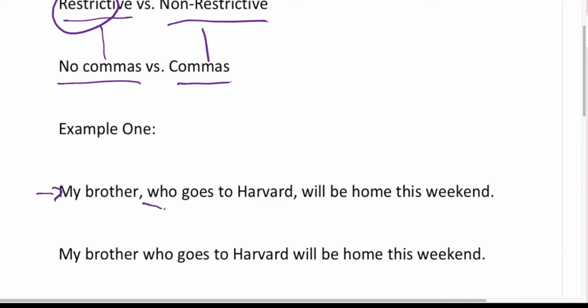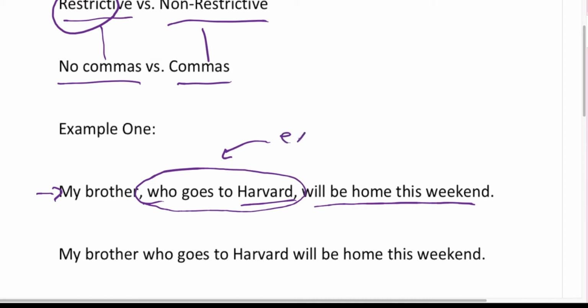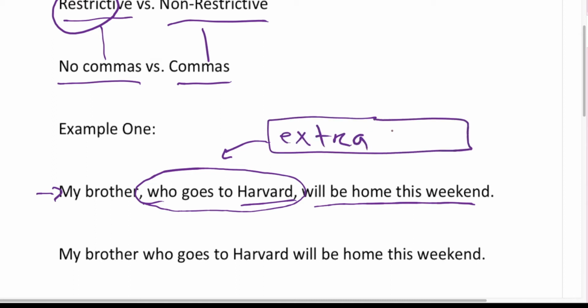And this is just extra information that I'm including to tell you that not only is he coming home this weekend, but that he goes to Harvard. And this is just extra. Nothing else. It doesn't function in any way. I'm just getting in some more info so that you can know him better.